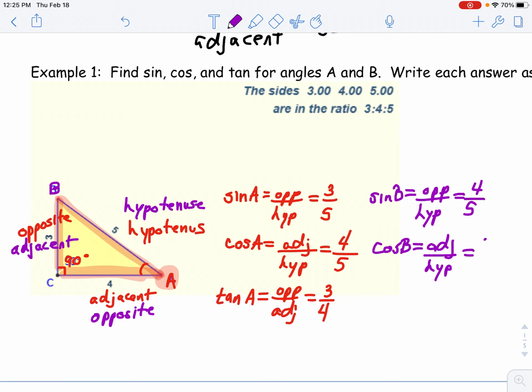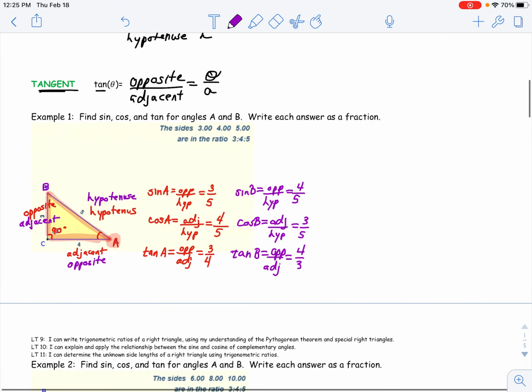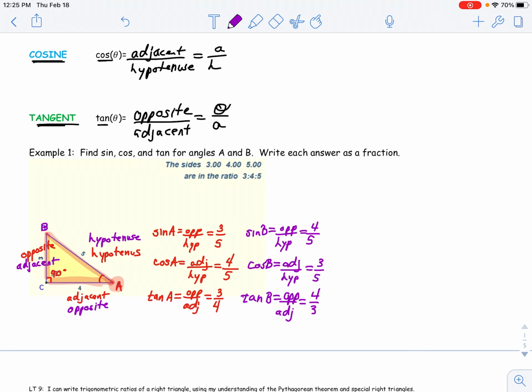The adjacent side to angle B is 3. The hypotenuse is 5. And lastly, we have the tangent of angle B, which is opposite over adjacent. And now the opposite side is 4, adjacent is 3. Interesting stuff. All right, cool.